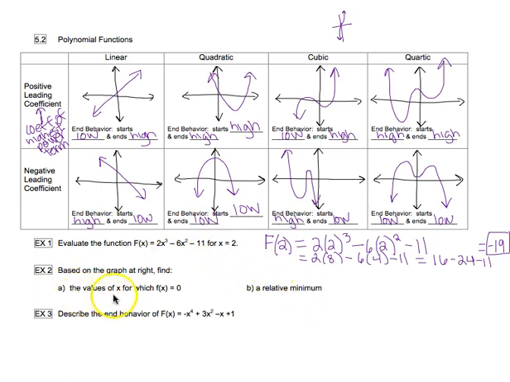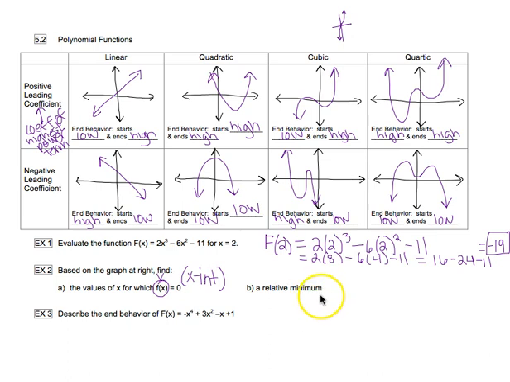Remember that f of x means the same thing as y. So we're finding the x's where y is 0. So we're looking for where the y coordinate is 0. These are going to happen at the x-intercepts here.